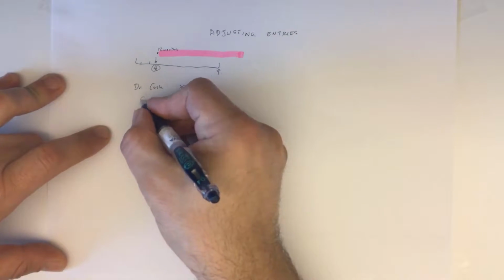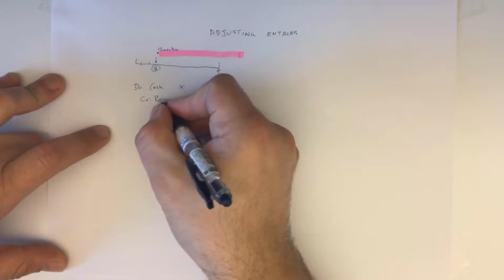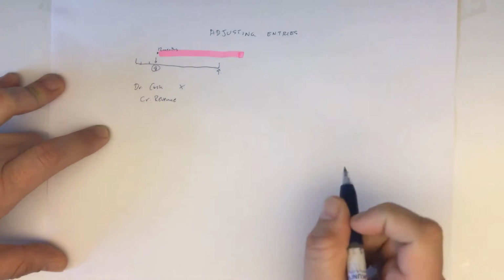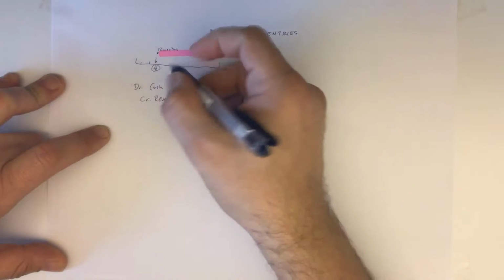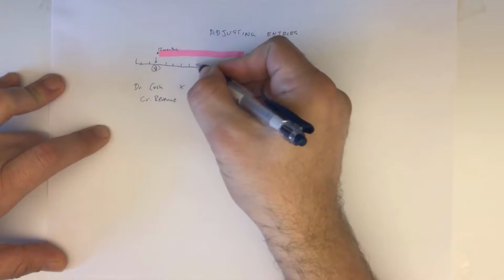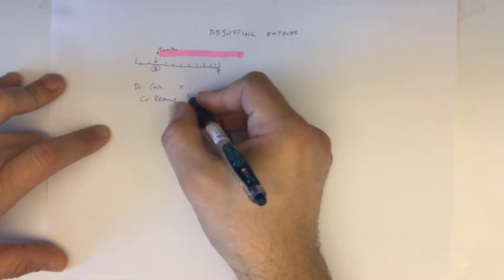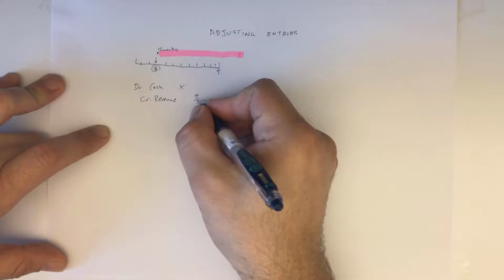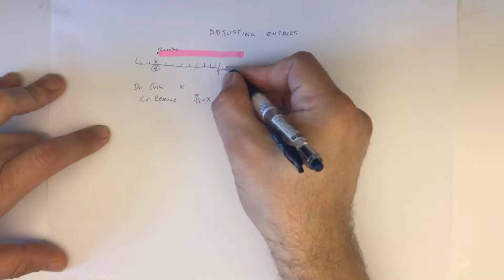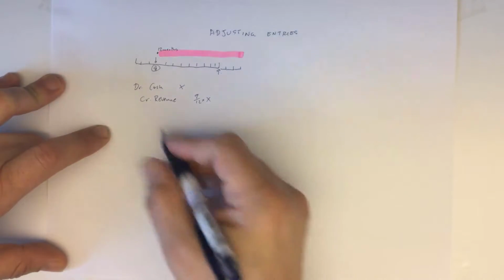So the first option is to say the cash has come in, whatever amount that is. Some of it relates to revenue of this period. How much? Well, that's going to be 1, 2, 3, 4, 5, 6, 7, 8, 9 months. So 9/12 of it is revenue of this period, but the next 3 months relate to the future.